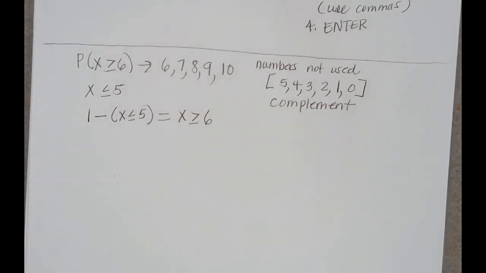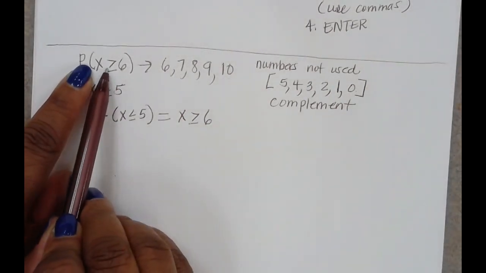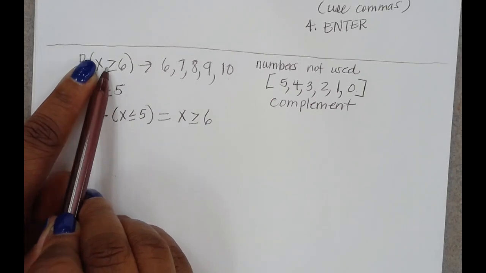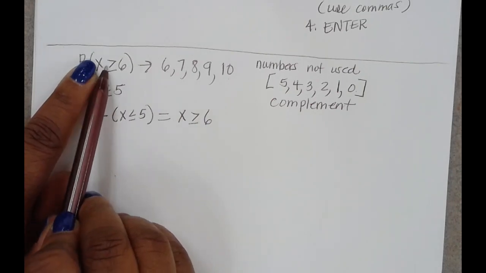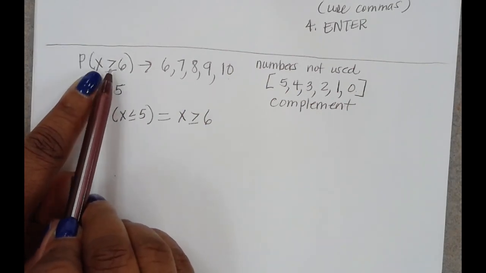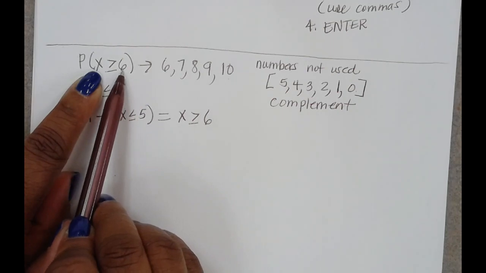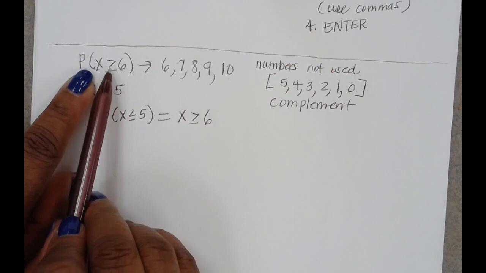Okay, let's process what's happening. This is what we're trying to calculate. We're going in a backdoor fashion so that we can use the calculator. The calculator will not calculate greater than or equal to 6 using either the PDF or the CDF function. It will not use this greater than symbol.